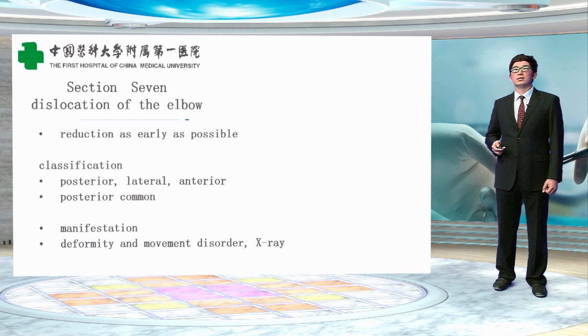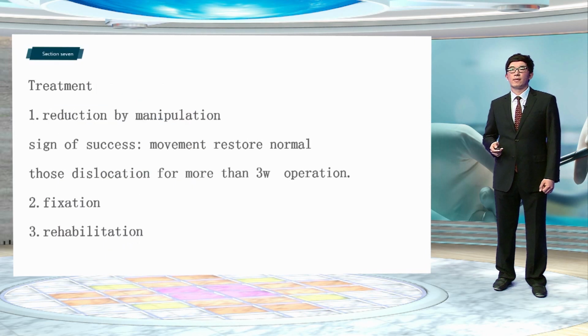Section 7 is the dislocation of the elbow. We should do the reduction as early as possible, and classify this kind of dislocation into posterior type, lateral type, and anterior type. The posterior type is the most commonly seen. The manifestations are according to the deformity and movement disorder, and we can also use X-ray.